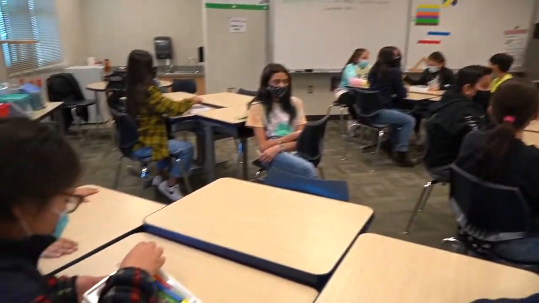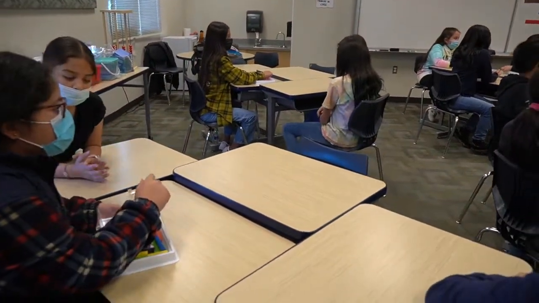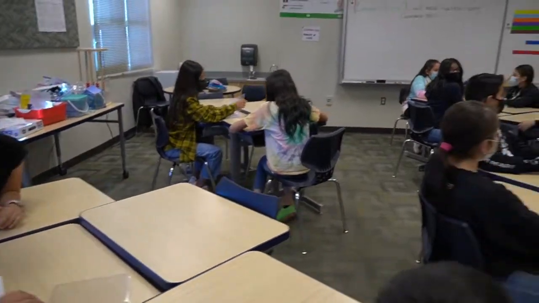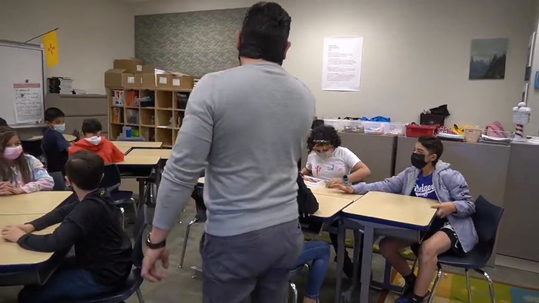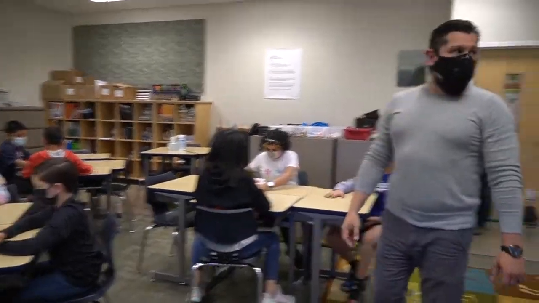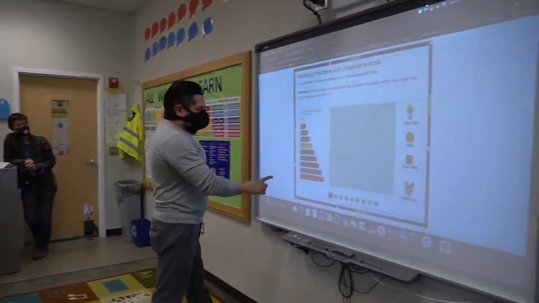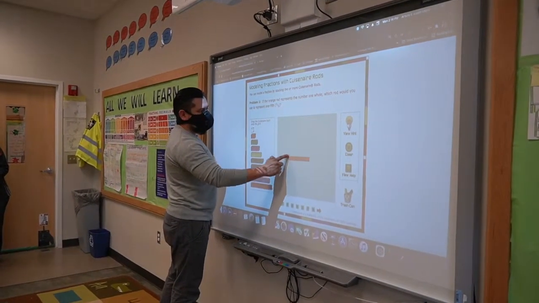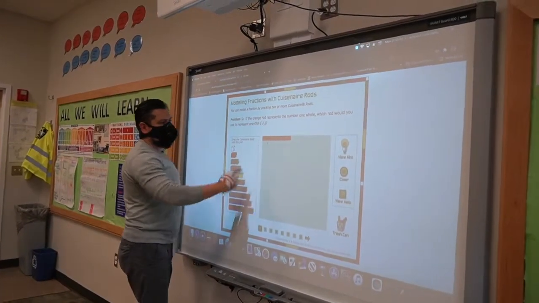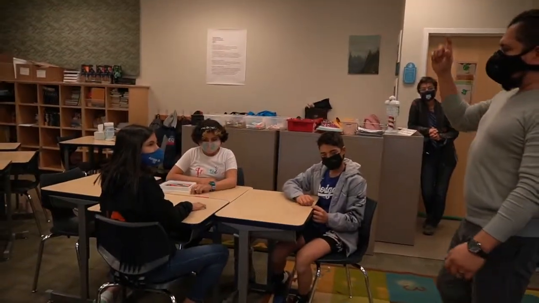One of you can sit close over here, that way you're not on the other side of the team. Okay, so we are going to take out the orange rod. Everybody has the orange rod?